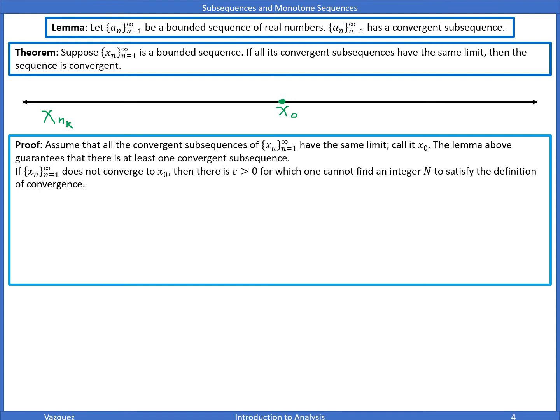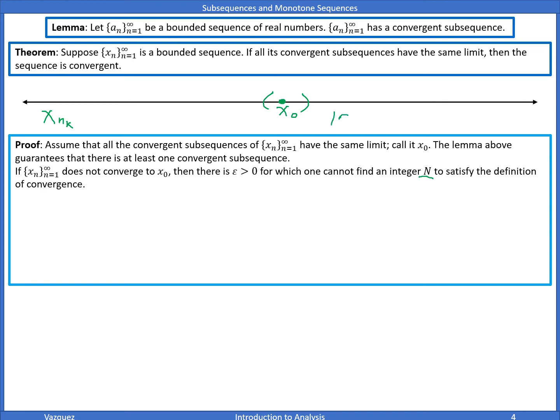So we're going to first say that if x sub n does not converge to x naught, well then, using the definition, there's an epsilon greater than 0 for which, say this is our epsilon neighborhood. That is an epsilon neighborhood so small that you can't find an integer n to satisfy the definition of convergence, right?